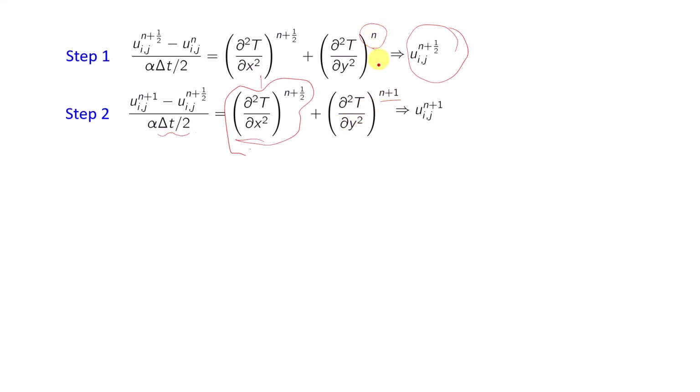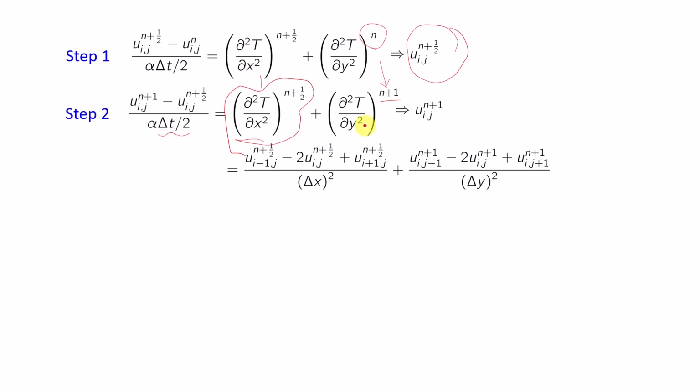Previously it was at n, now it is at n plus 1. If I expand this right hand side, it will look like u i minus 1 j minus 2 u ij plus u i plus 1 j at n plus half, divided by delta x square, and here ij minus 1, ij and ij plus 1 at the n plus 1 time level, divided by delta y square.